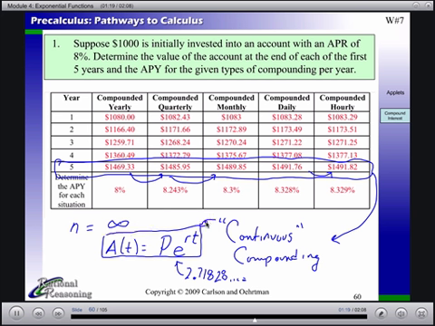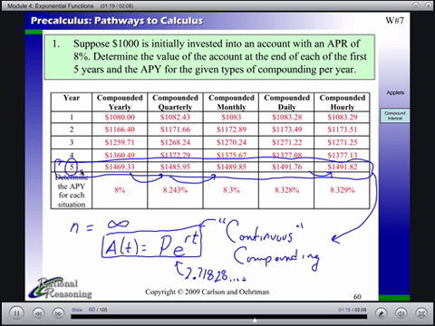Any other compounding, any of these here, we use the equation that we came up with earlier that includes the n, 1 plus r over n to the n t. So it will have to tell you what your compounding is, and that helps you determine how to set it up.